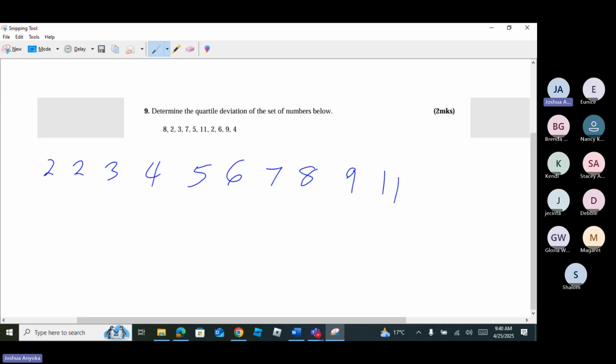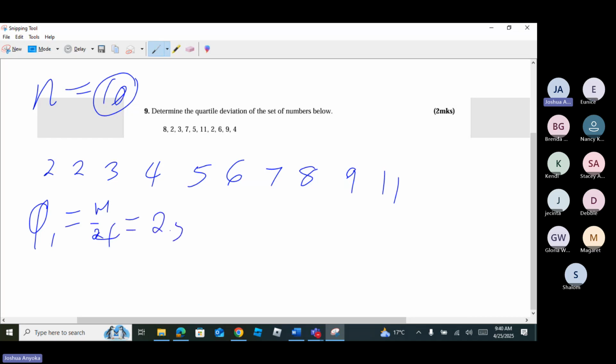Then number 2 is to assess the value of n, and the value of n is 10. Once you know it is 10, for Q1, for an even entry we don't add 1. The position is just n over 4, which is 2.5.